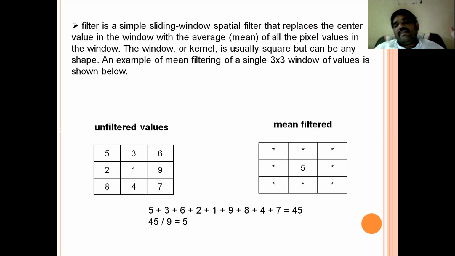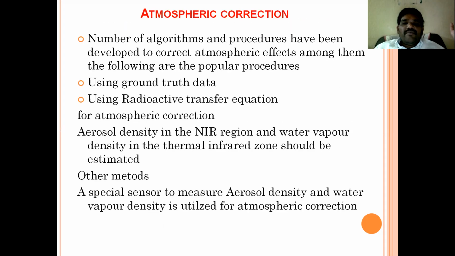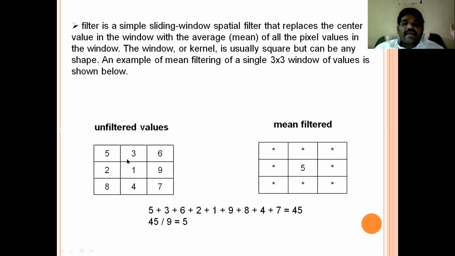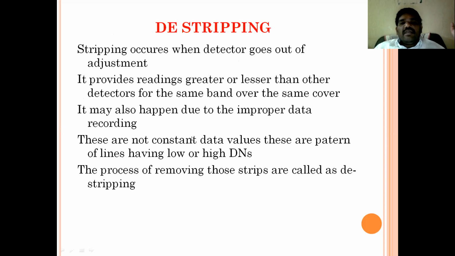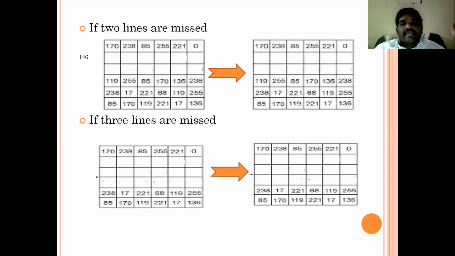What is happening in the filtering? Simply see this 3 into 3 window which we are applying here. Suppose you want to replace this 119 value, the window will be kept like this.